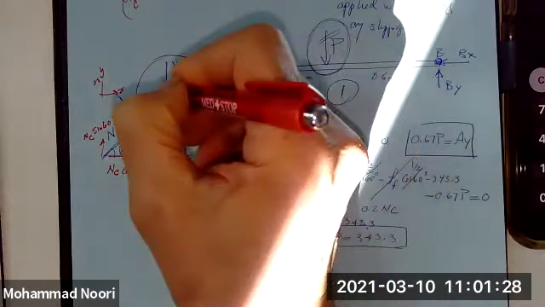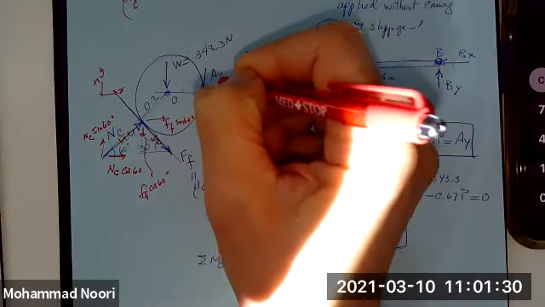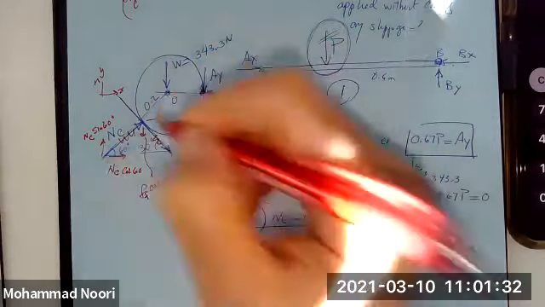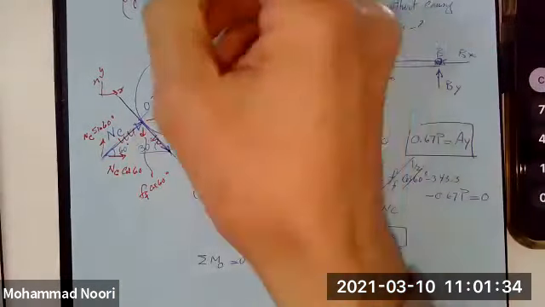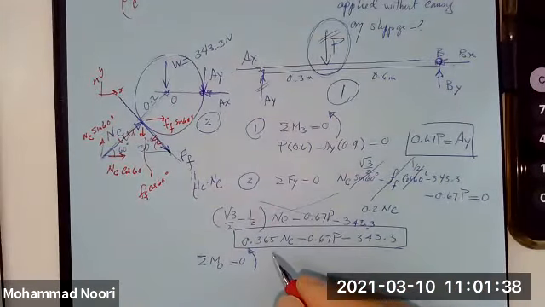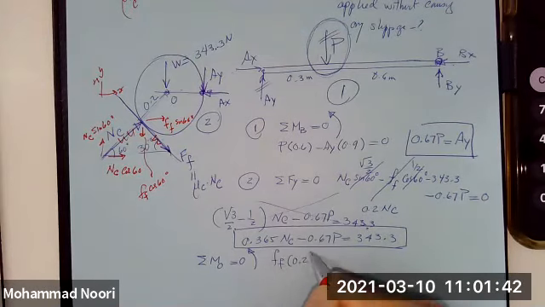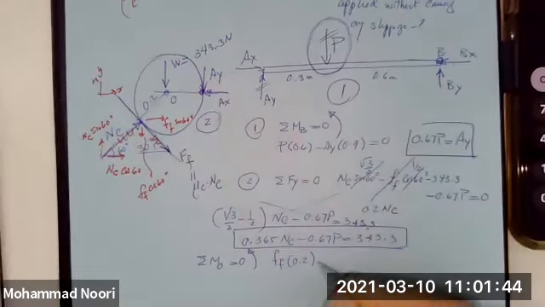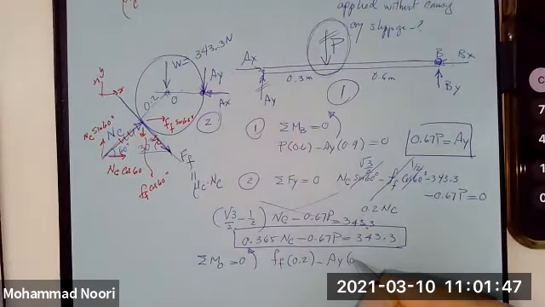This force doesn't generate a moment, this one does. So you have only this one and this one. So F sub F generates a moment in that direction. So you get F sub F times 0.2 minus A sub Y times 0.2 is equal to 0. That means F sub F is equal to A sub Y.